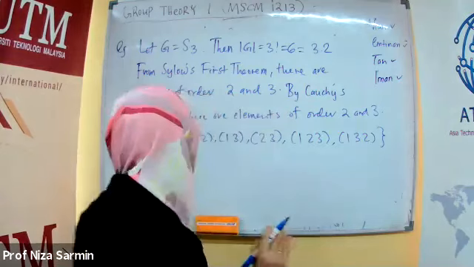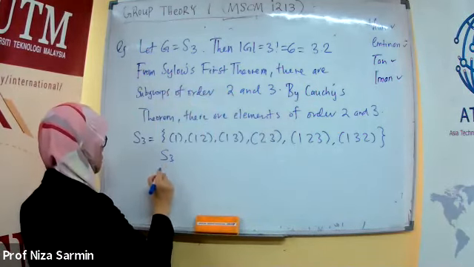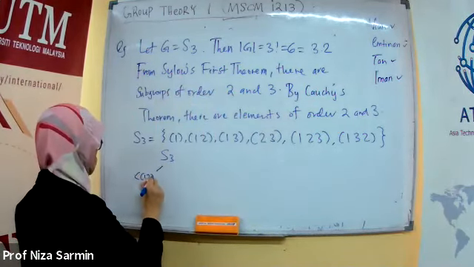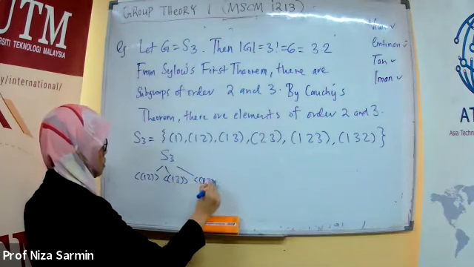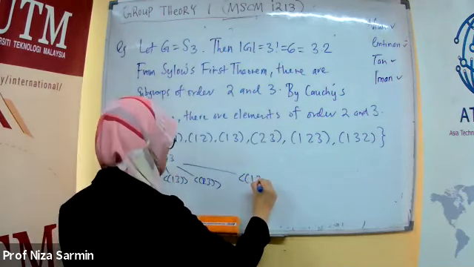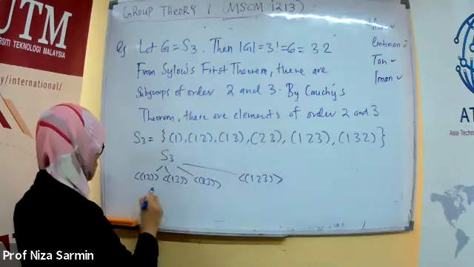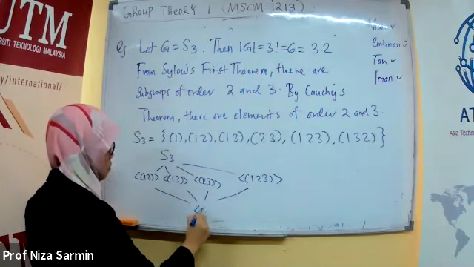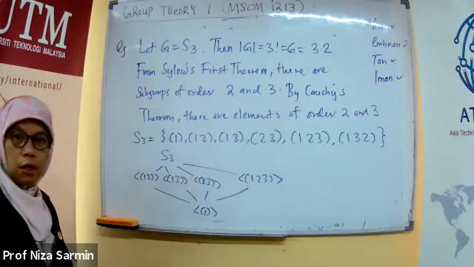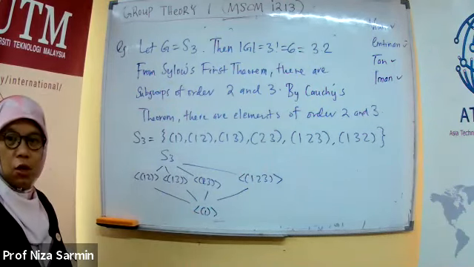You have S3, then (1 2), (1 3), (2 3), (1 2 3), and the identity. So these are all subgroups of S3. Sylow's first theorem said there are subgroups of order 2.